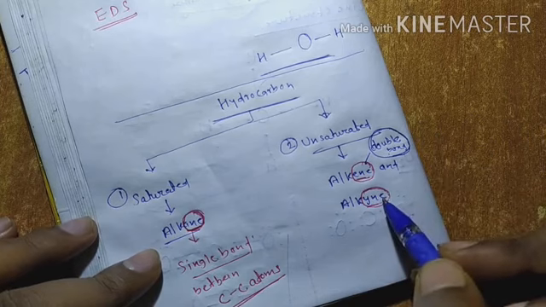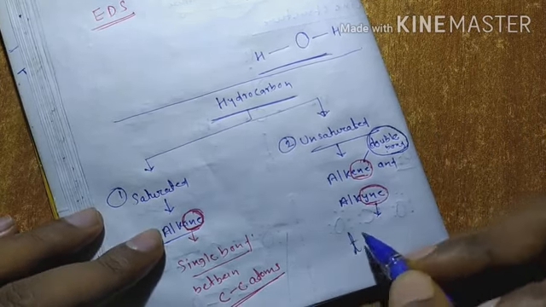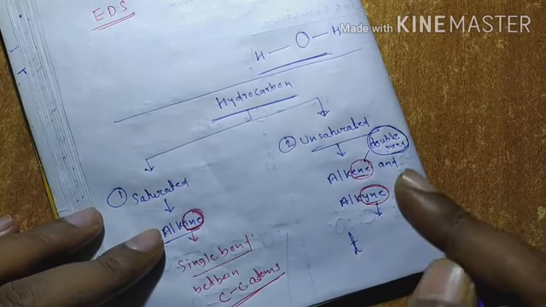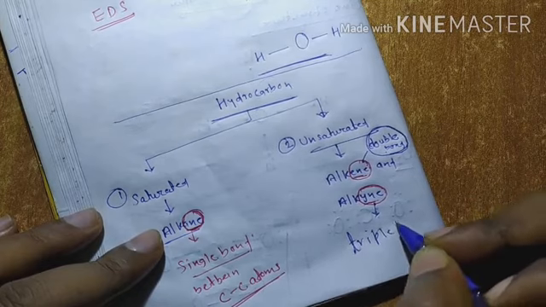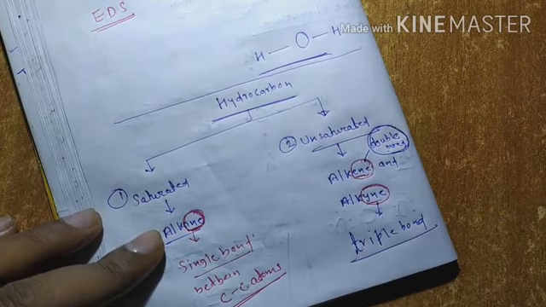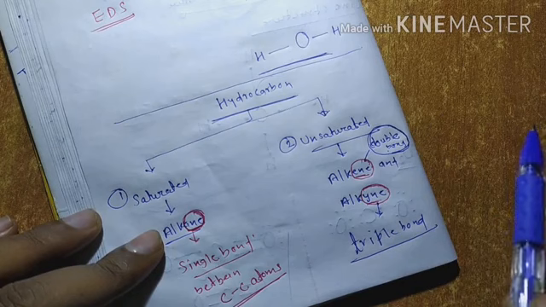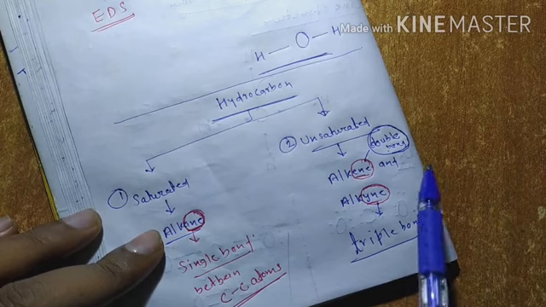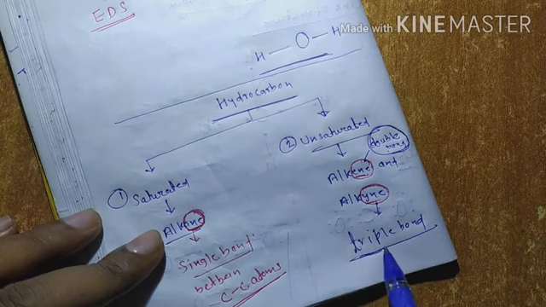In case of alkyne, there will be a triple bond, at least one triple bond between carbon atoms. I am not talking about between carbon and hydrogen, oxygen, or carbon and nitrogen. I am saying in between carbon and carbon atoms, at least one triple bond will be there.